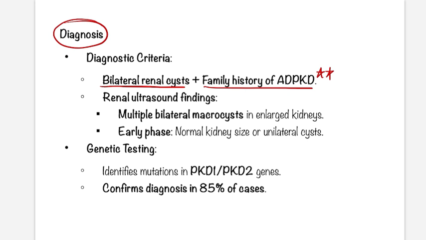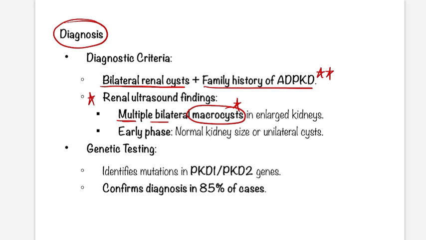But again, ARPKD presents early and ADPKD presents late. Renal ultrasound findings are important: multiple bilateral macrocysts. Just remember, in the recessive variant, microcysts are seen, but in the dominant variant, macrocysts are seen.